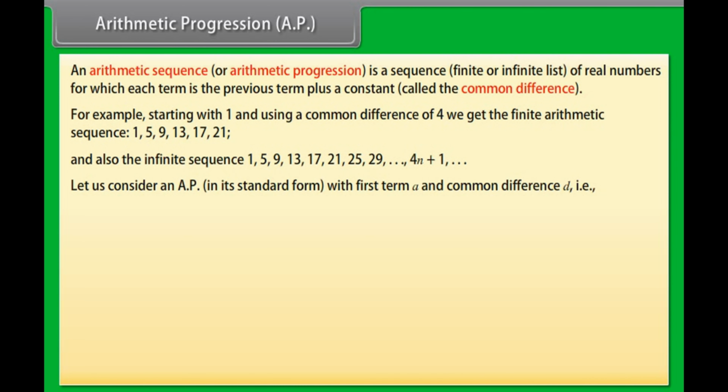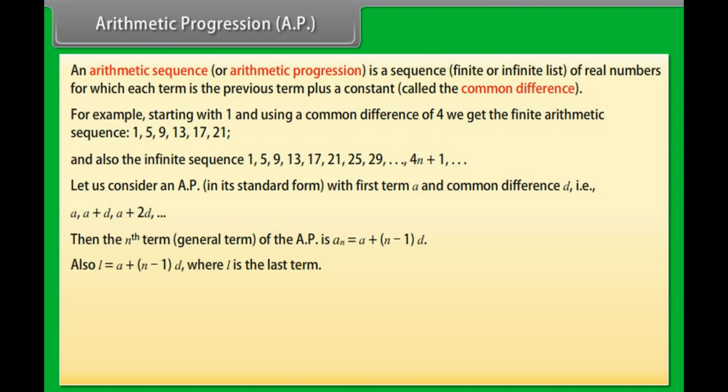Let us consider an AP in its standard form with first term a and common difference d, that is a, a plus d, a plus 2d, and so on. Then the nth term, that is general term of the AP, is an is equal to a plus n minus 1 into d.